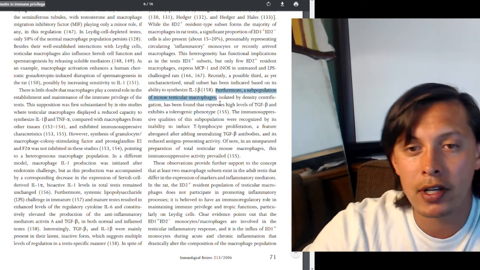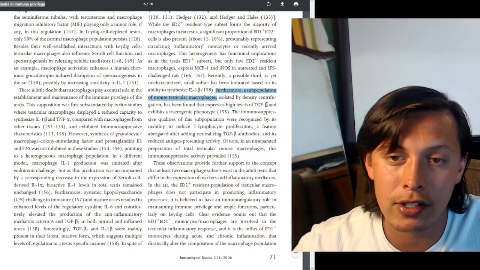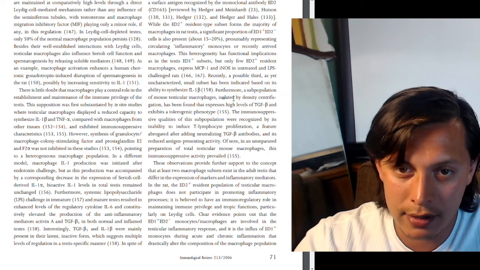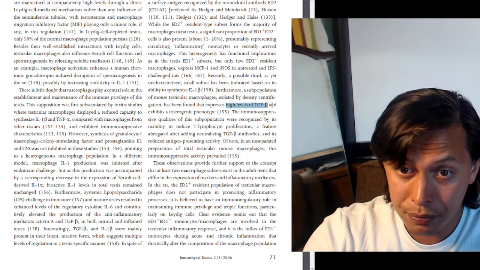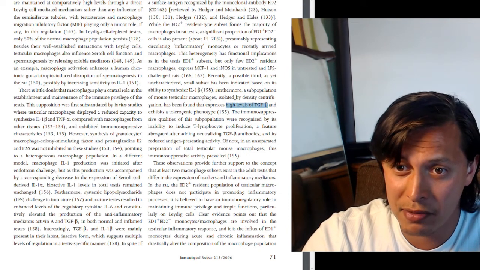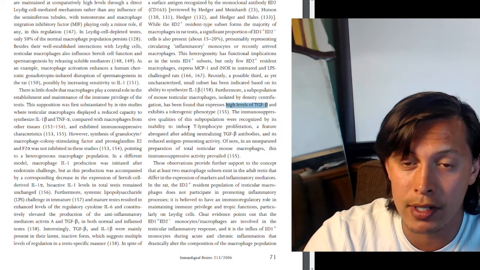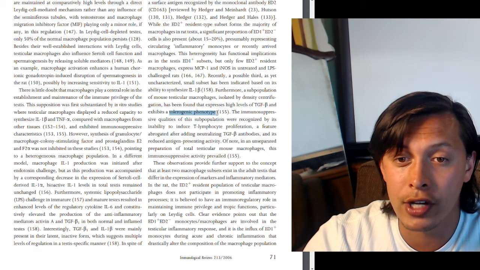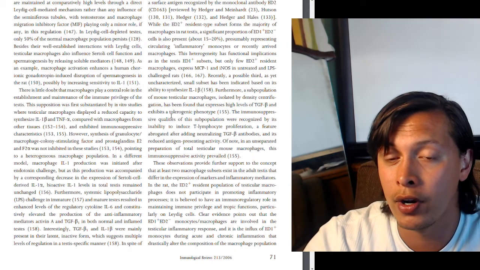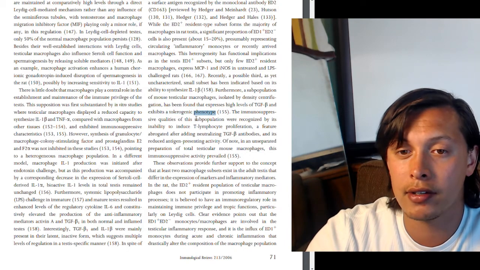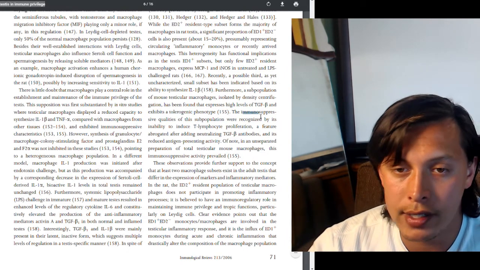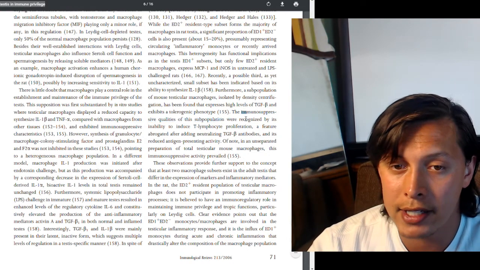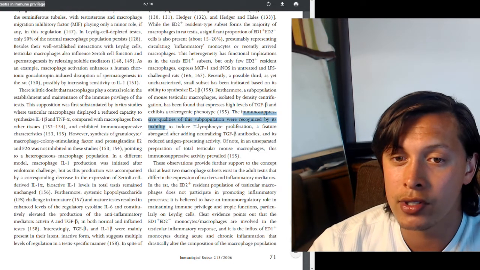And this high expression of TGF-beta, I assume, is contributing to the tolerogenic phenotype, or the ability for the testes to tolerate antigens. The immunosuppressive qualities of this subpopulation were recognized by its inability to induce T lymphocyte proliferation.